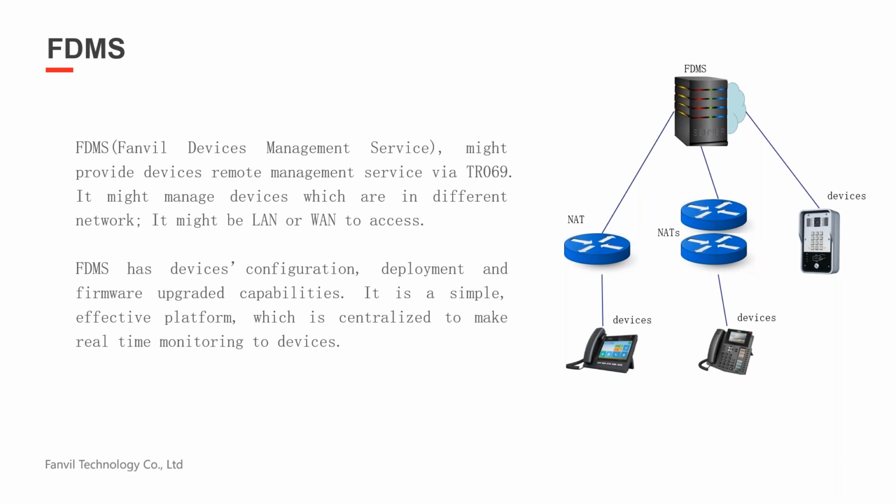With this protocol and server, we can deploy and manage devices remotely via the network. It might be in a LAN network or a WAN network, to make sure we can access and manage them remotely and automatically.